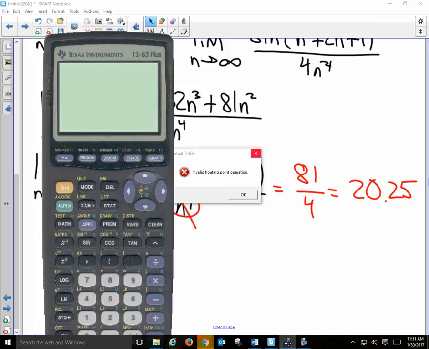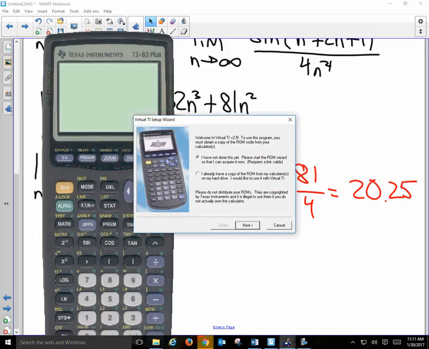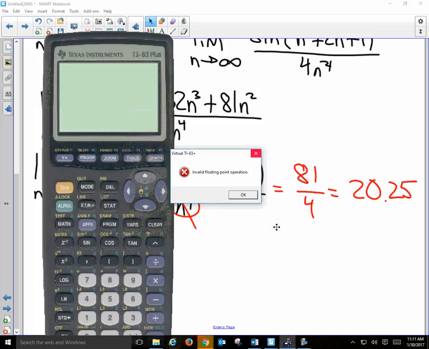And then go second, calculate, number 7. You'll draw the curve, and you pick the lower limit, which is 0. The upper limit is the one from the problem, and you should get 20.25, exactly what we have. So today, that's how you check your answer.